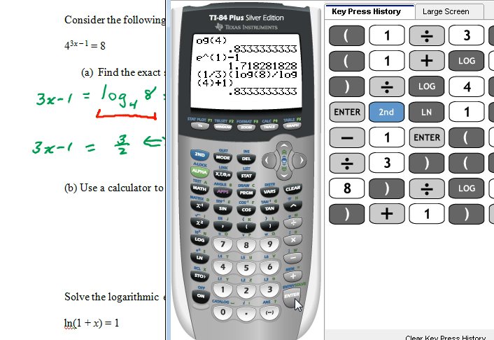And there we get the 0.833 repeated again. So, two ways to do that.